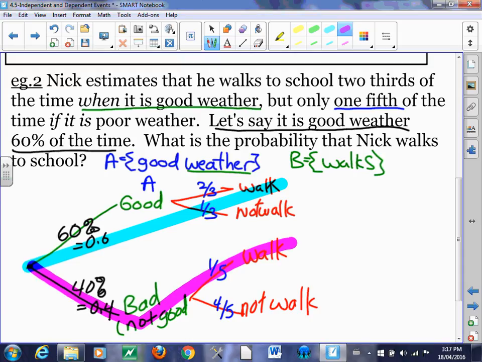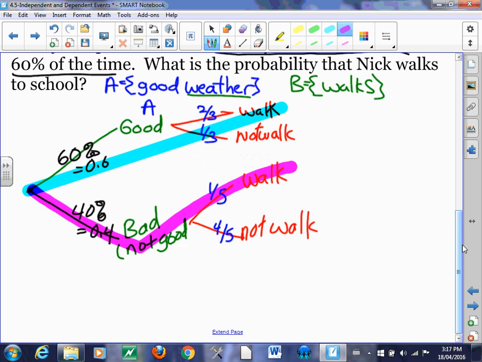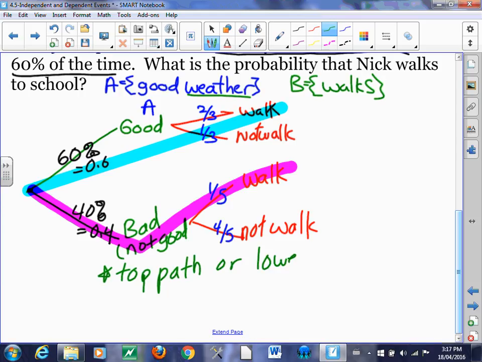So there's two different pathways we're going to take a look at, or two different situations. So in order to feel this out, don't forget we have the top path we could do, or we have the lower path. So you could say the teal or the purple, right?